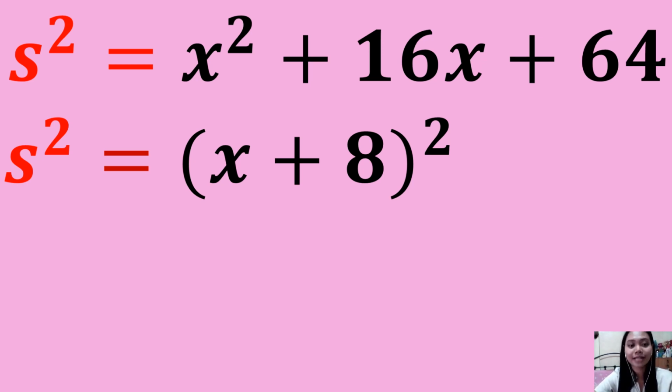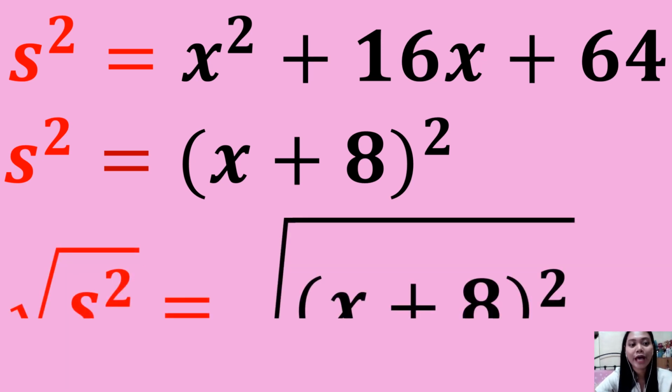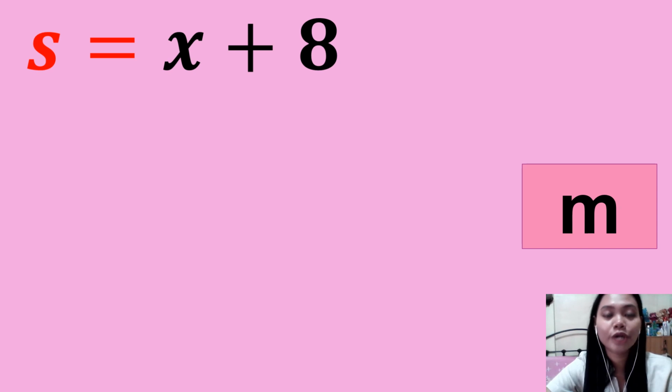Now, to get the side, since meron tayong s squared, we have to get the square root of both sides. So, ang square root ng s squared, okay, is s. And the square root of the square of the binomial x plus 8 ay x plus 8.